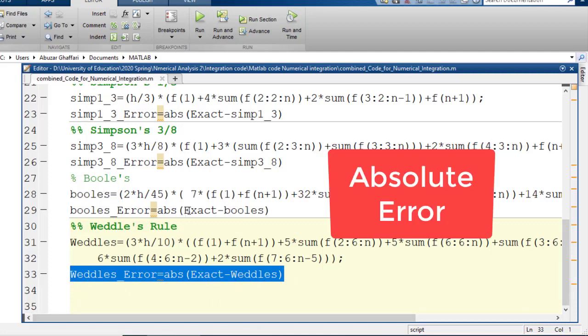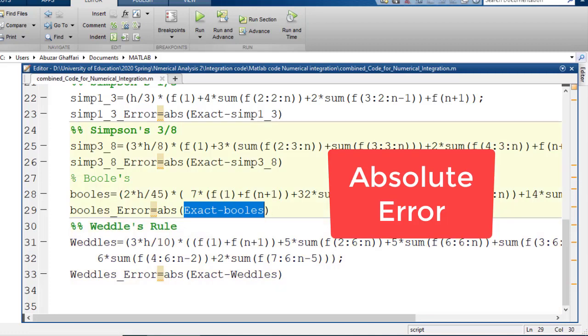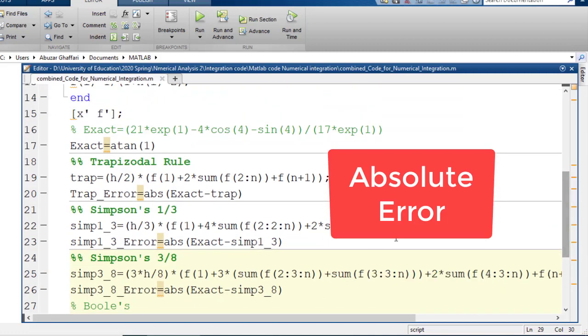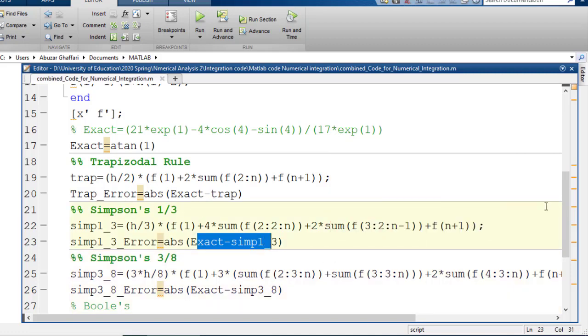This is the error between the exact and Boole's rule, and similarly I wrote the expressions for Simpson 1/3 rule and also for the trapezoidal rule.